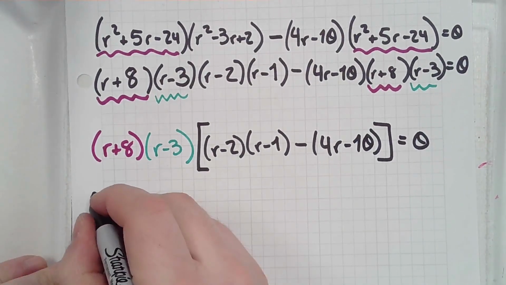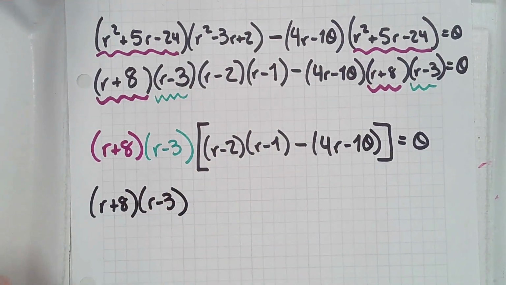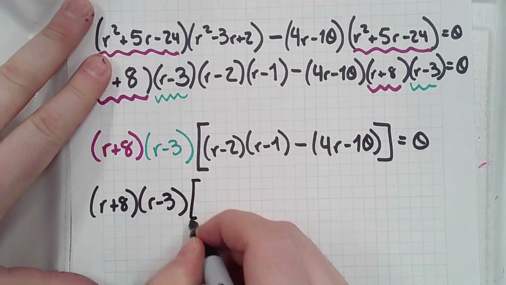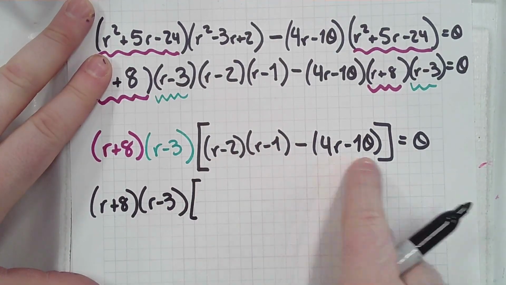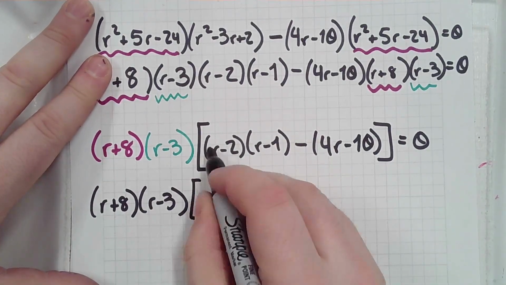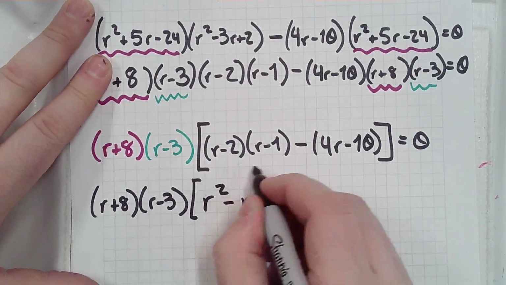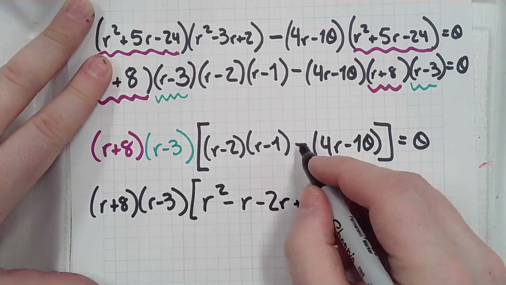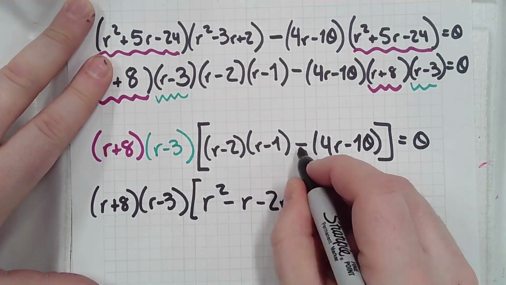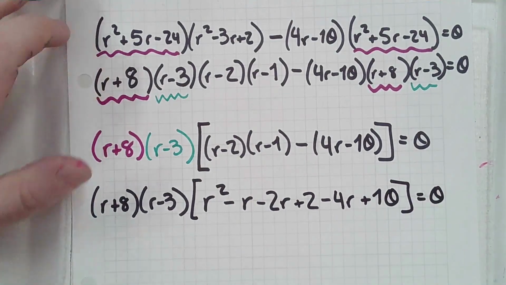So I'm just going to write these in regular color now that you see where they're coming from. And what's left over here, I'm actually going to distribute so I can combine my r's and constants. So r times r gets us r squared. R times minus 1 gets us negative r. That gets us negative 2r's, and that gets us plus 2. Then if we minus the 4r and we minus the negative 10, we end up here.